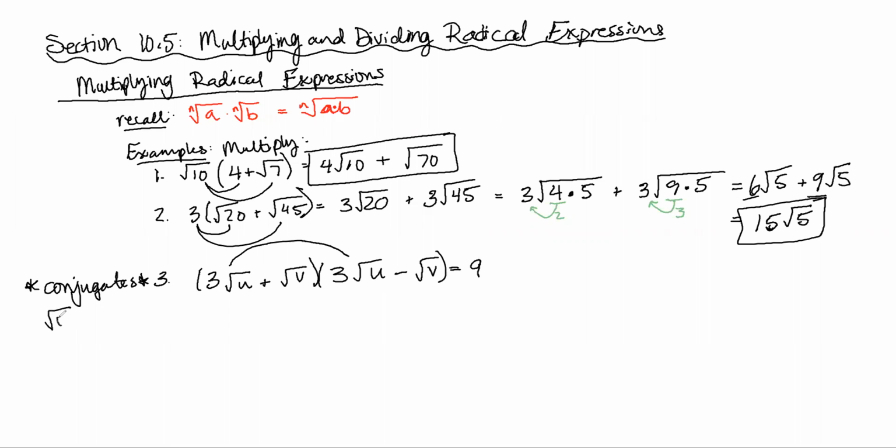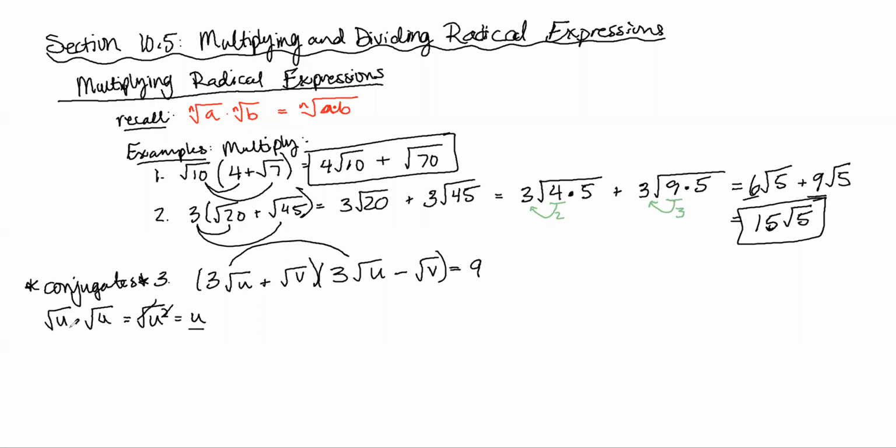Well, if we did this, remember if we multiply what's on the inside, u times u is u squared. The square root of u squared is just u, because you remember the square root and the square cancel out. So this is a special property. If you have the square root of u times the square root of u, you just get u.